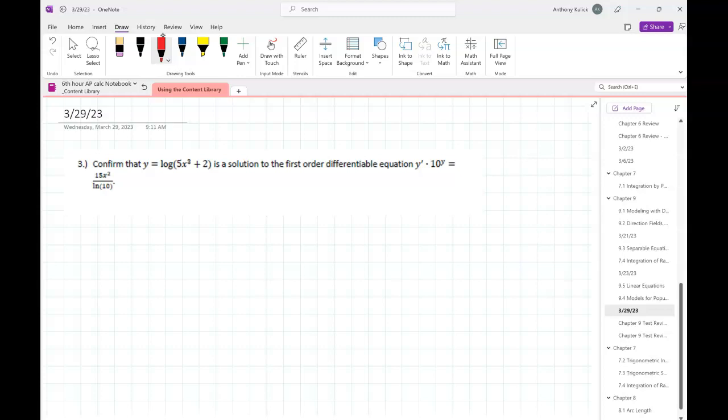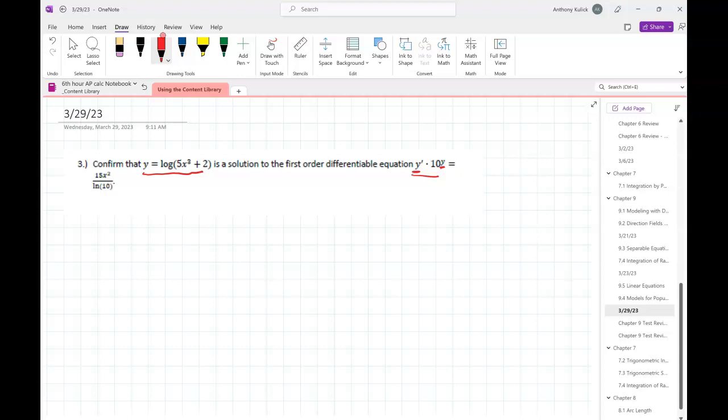So my goal here is I'm going to use my solution, plug it in here, and see that it gives me this, that makes the two things equal. So to plug in here, I need something for y prime, but I have y.